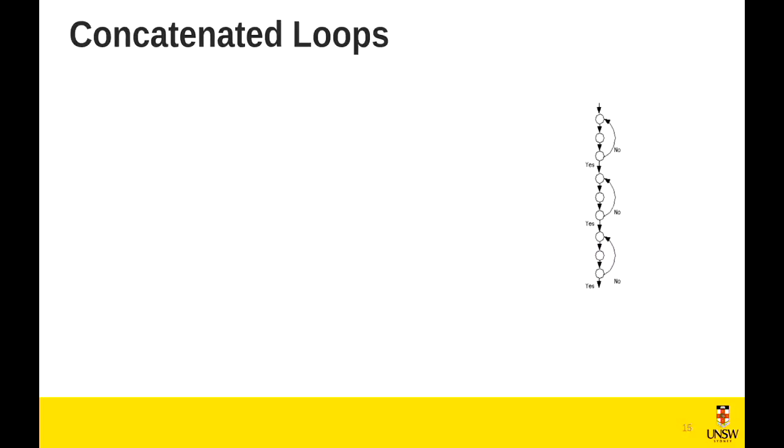And another complicated situation is concatenated loops. Sometimes in programs there could be multiple loops connected with each other. If the loops are independent, we can just test them one by one using the strategy we have described for simple loops.